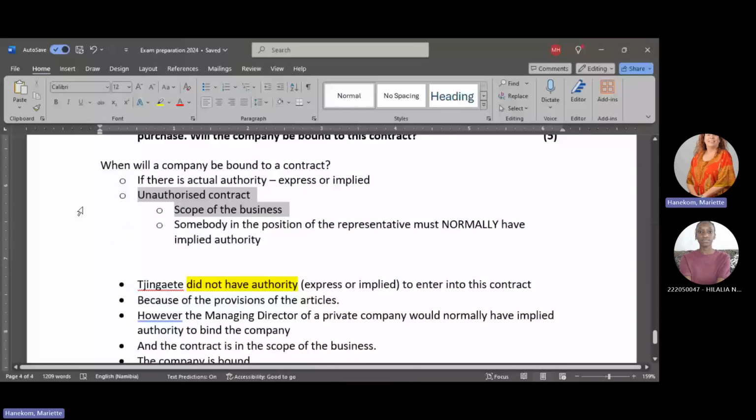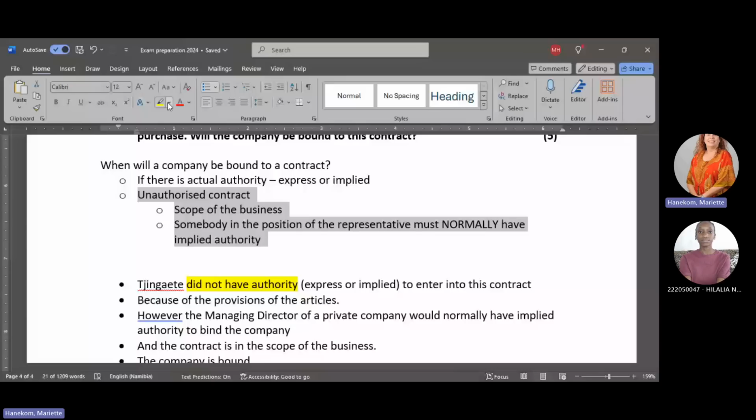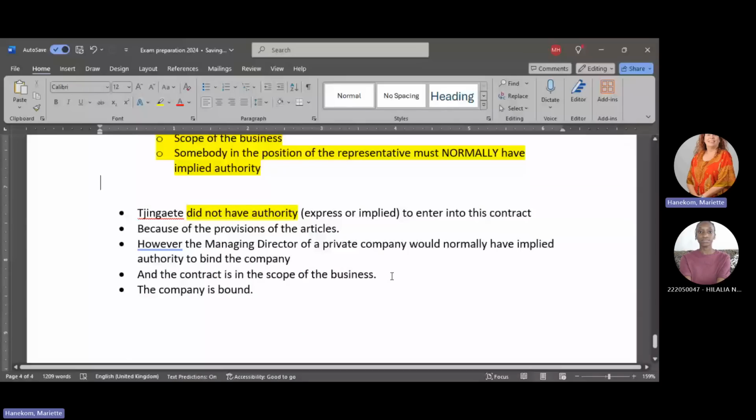It's unauthorized. It is, however, in the scope of the business, packaging material. And a managing director would normally, if it had not been for the provisions of this particular company's articles, have been able to do this. And accordingly, the company is bound.